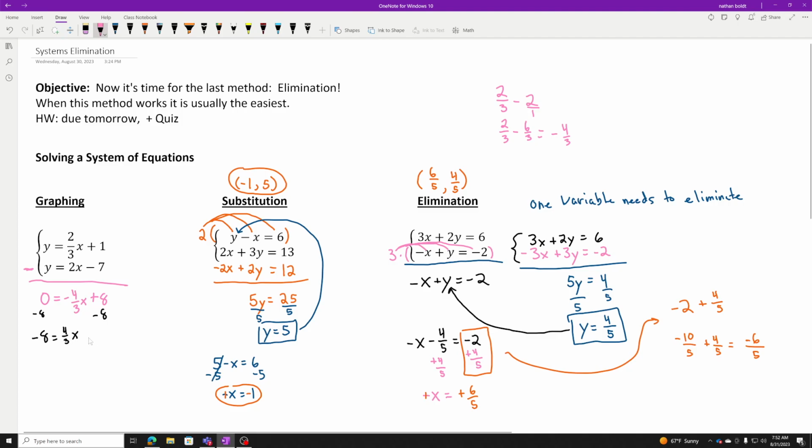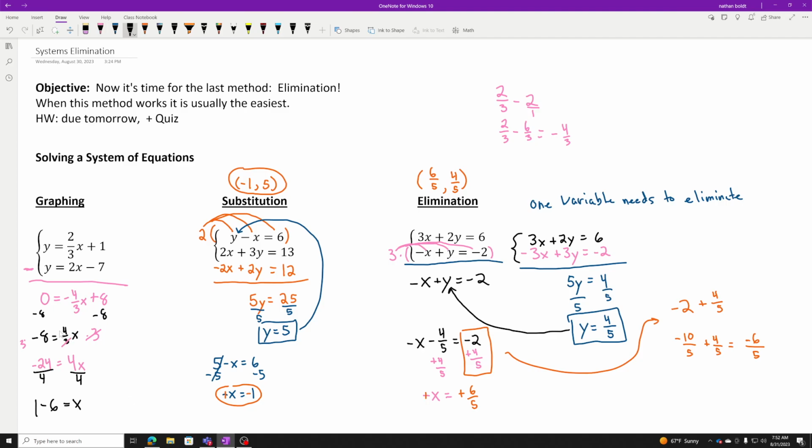Multiply by 3. That gets rid of the 3 in the denominator. We're left with 4x is equal to negative 24. Divide by 4. X is equal to negative 6.